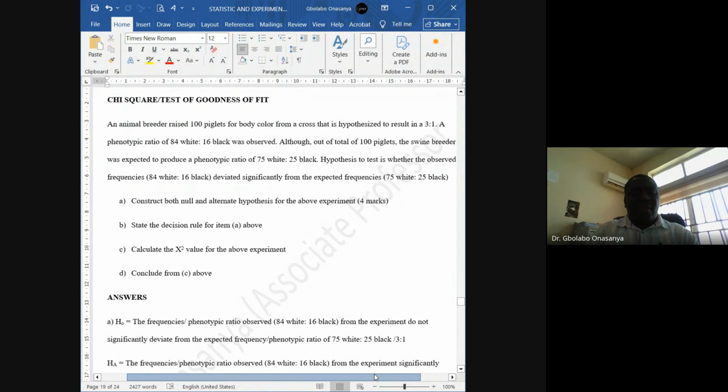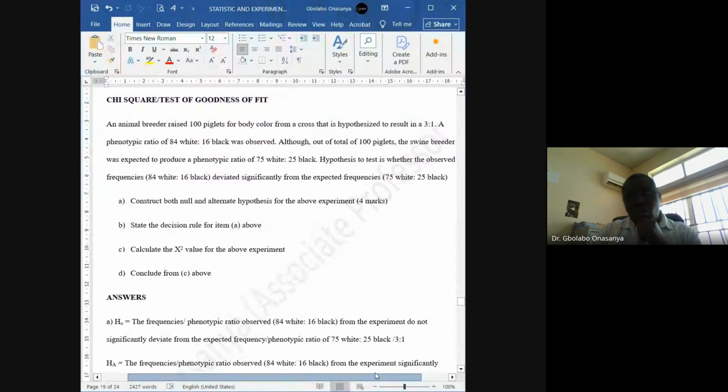Remember, in simple Mendelian inheritance, monohybrid crossing gives a phenotypic ratio of 3:1. A phenotypic ratio of 84 white and 16 black was observed. That is observed. Out of this total of 100 piglets, the breeder was expected to produce a ratio of 75 white and 25 black. That is expected. You see the expected here, and you see the observed.